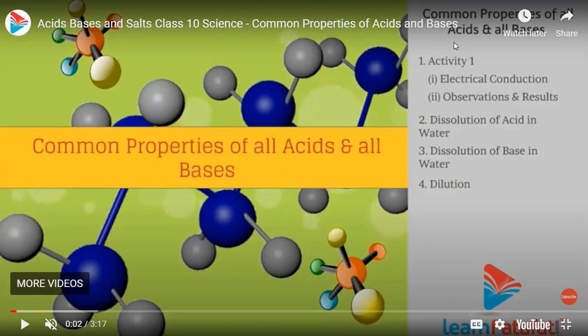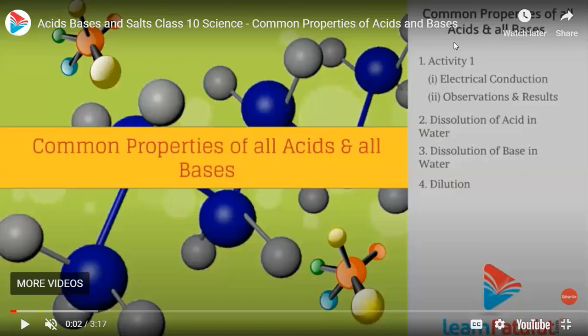Now, the second thing which tells us about the properties of acids is the H plus ions. In all the different types of acids, you will find one thing common: they have H plus ions, or hydrogen ions. Since I'm talking about ions, we know that ions are produced in the presence of water.